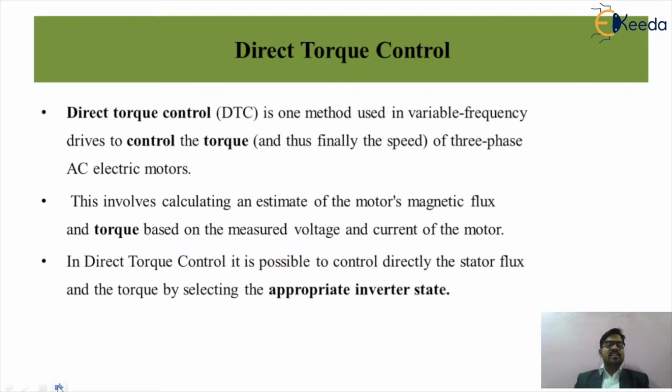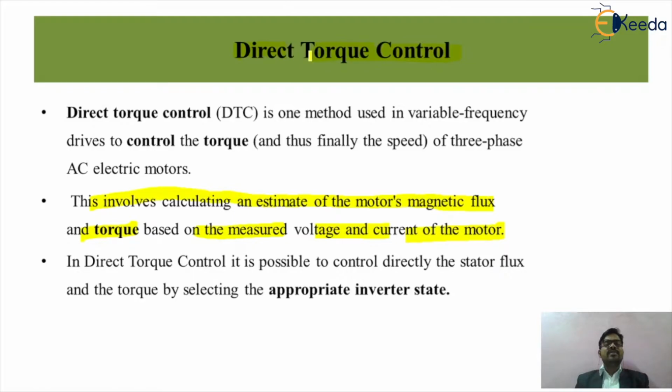The second thing is that in the direct torque control system, we calculate the estimate of the motor's magnetic flux and the torque based upon the voltage and current of the motor. As we already discussed, the name itself indicates it is direct torque control.